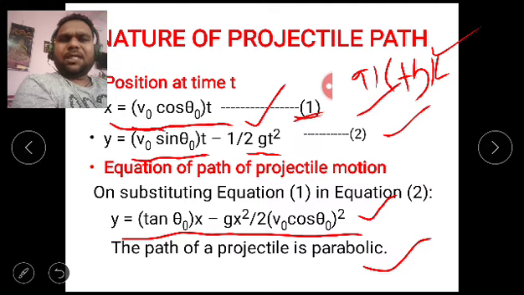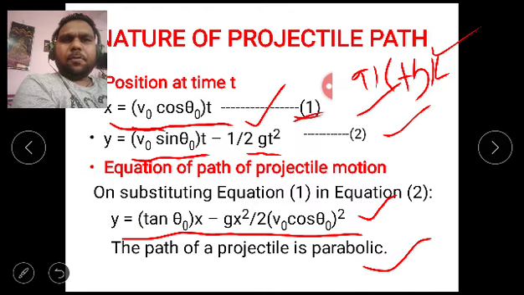The path of the projectile is also known as the trajectory. In other words, we can say that the trajectory of a projectile is parabolic in nature. So we have proved it. This is for a projectile fired at an angle theta 0 with the horizontal.